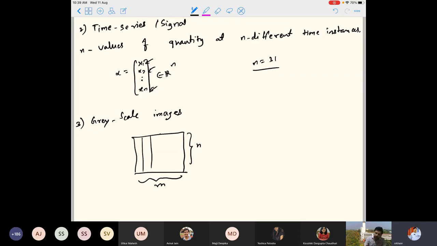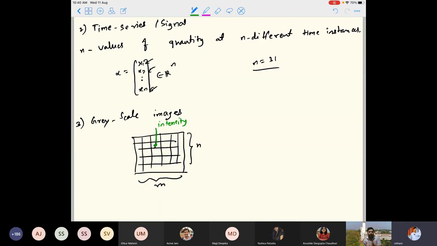So suppose these are the pixels. Then you will look at the intensity value at each pixel. Whatever the intensity value is, that will decide the intensity of grayness that you will store in that pixel, right? And based on all such intensity values, you get a black and white image. So that's how a grayscale image is stored.